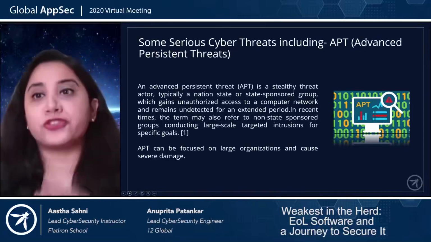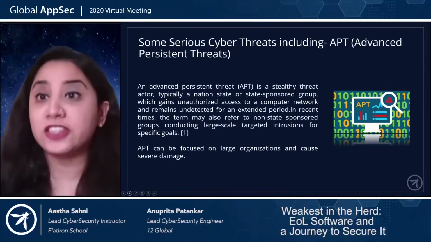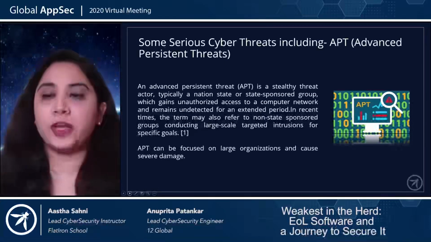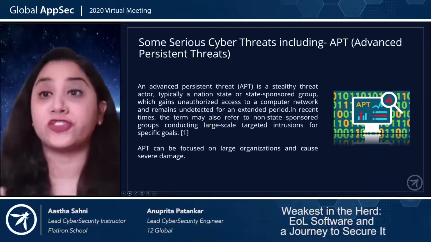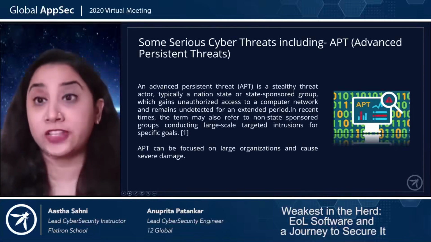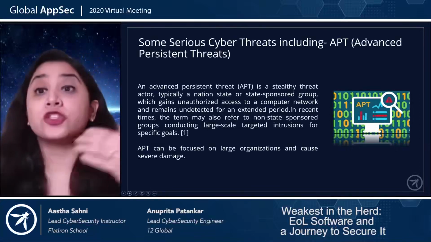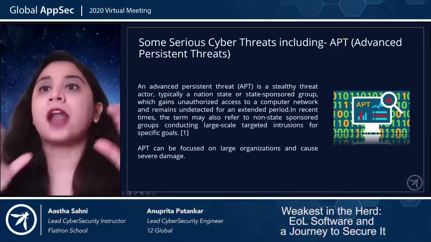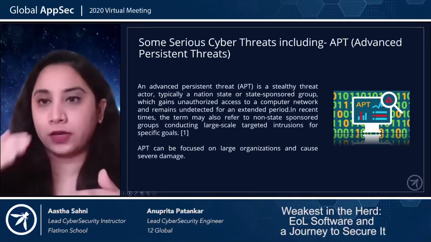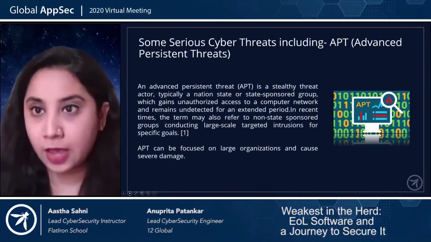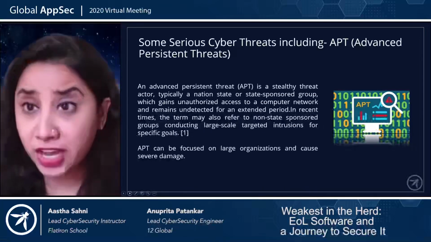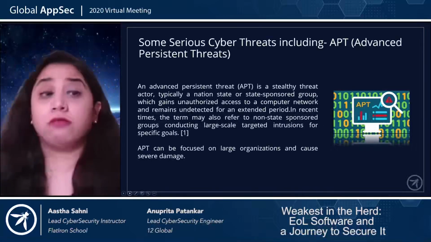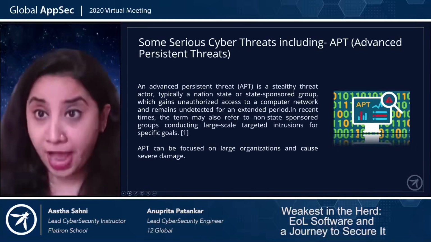These advanced persistent threats have been found to be based on nation-state attacks. They are sponsored by states and governments, and their aim is not only to impact one organization or state, but majorly to attack them by either economically affecting them or bringing their reputation down. So it has major impacts.